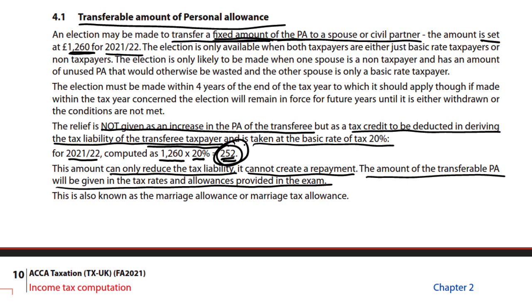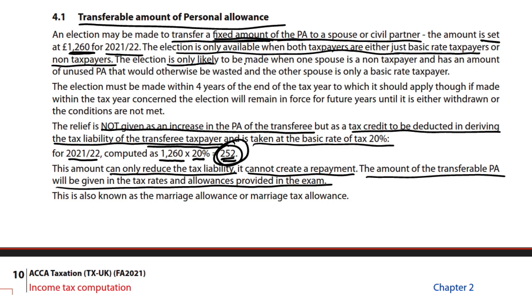Now, I said there that you will be dealing with a basic rate taxpayer. The election is only available when both taxpayers are either just basic rate taxpayers or non-taxpayers. Having said that, there's one specific situation where this particular election is going to be worthwhile for the tax-paying spouses or civil partners.